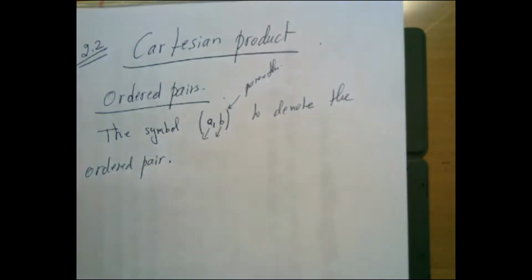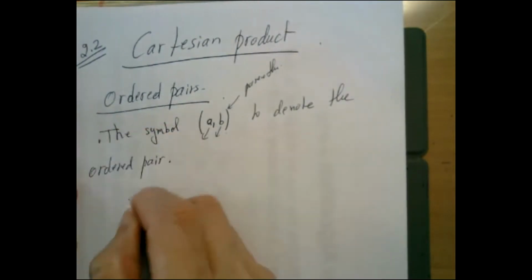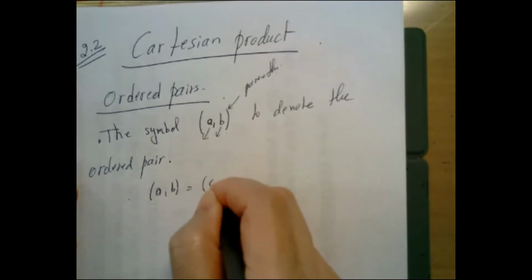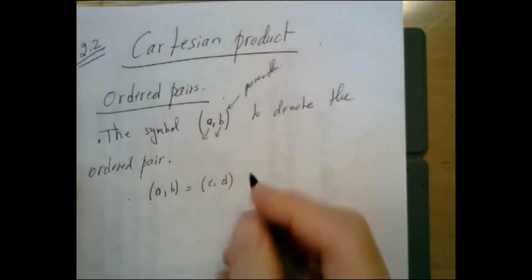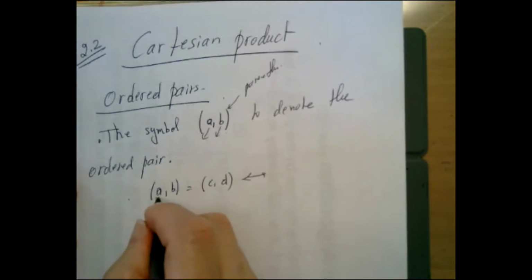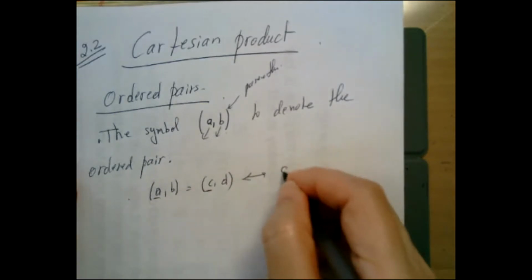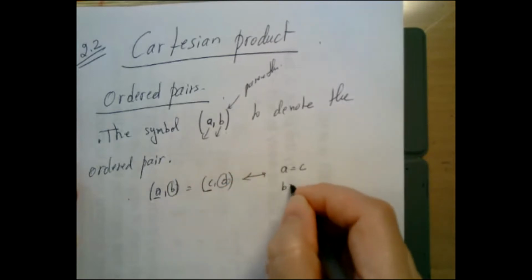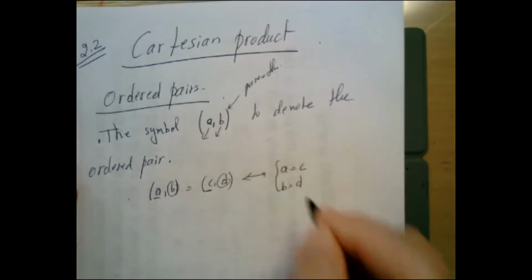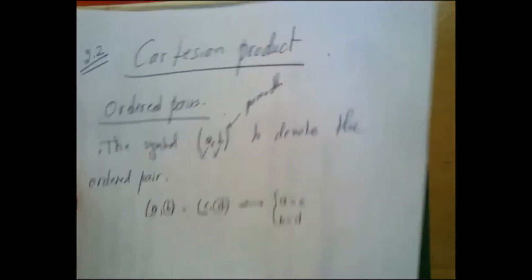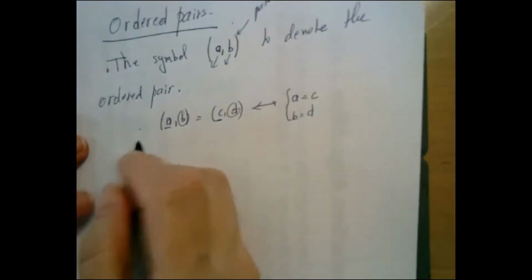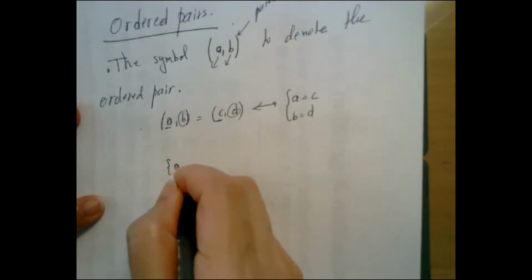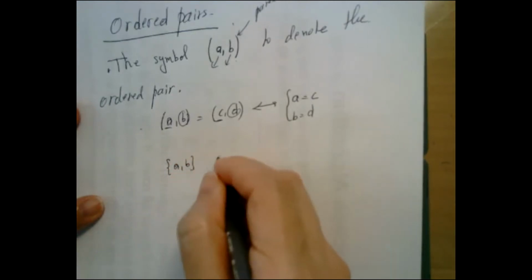And two ordered pairs are said to be equal if the first term here is equal to the first term there, and the second term here is equal to the second term there. That's what it means for ordered pairs to be equal. Be very careful not to confuse this and that.